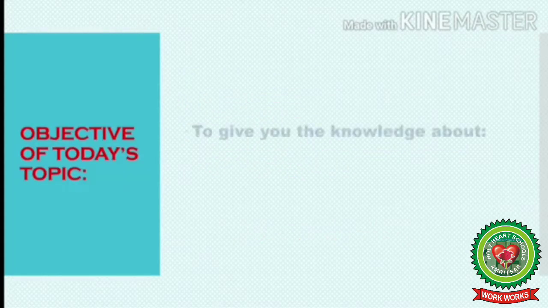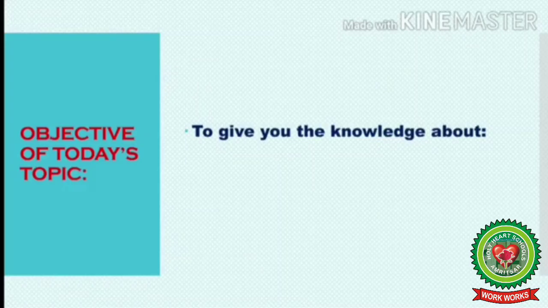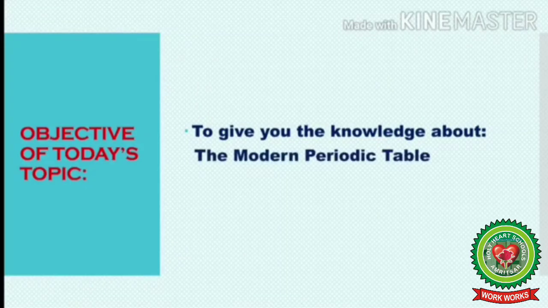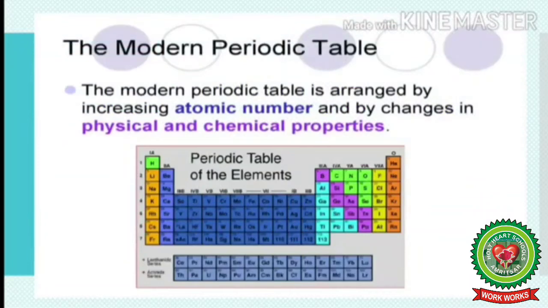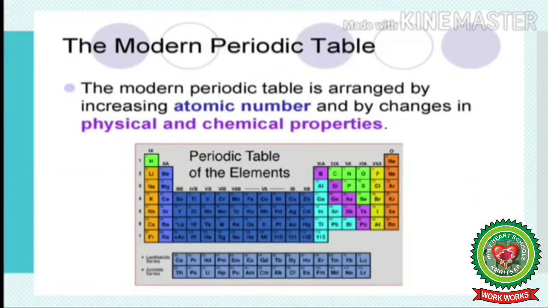The objective of today's topic is to give you knowledge about the modern periodic table. Children, open page number 84 of your concise chemistry book.